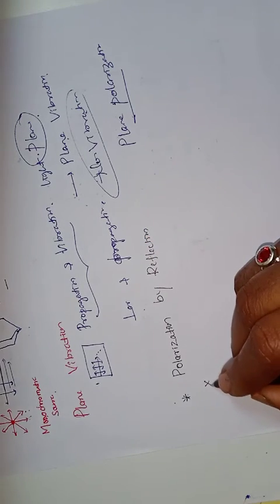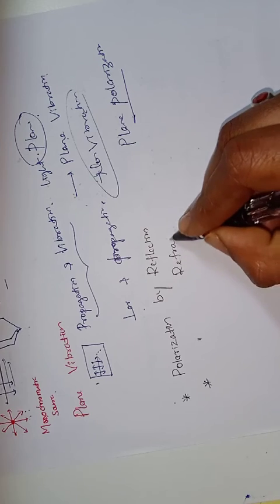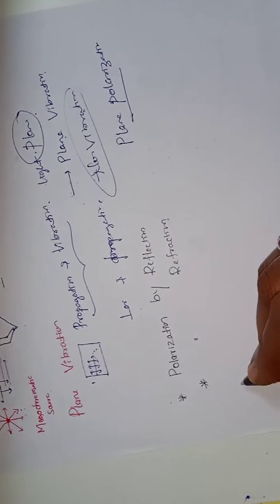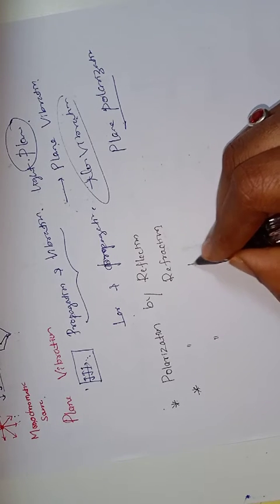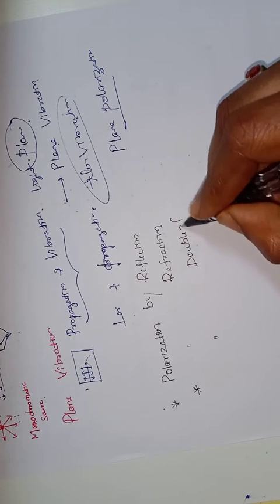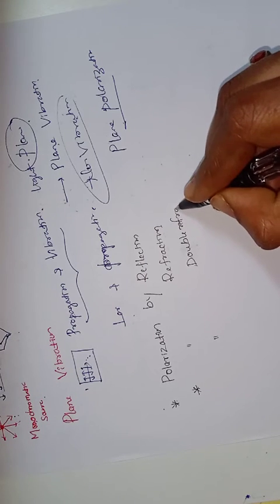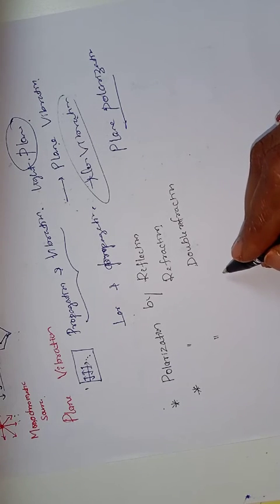Another is polarization by refraction, polarization by double refraction, and selective absorption or dichroism.